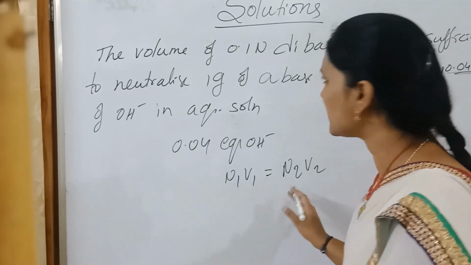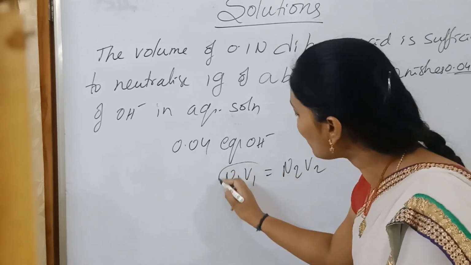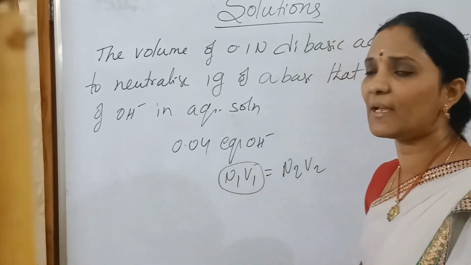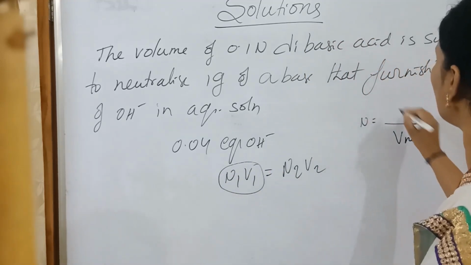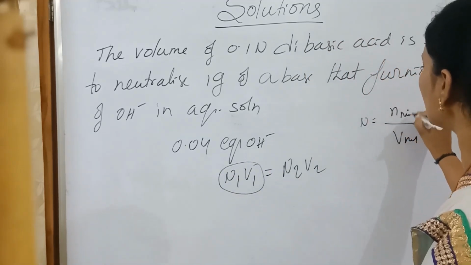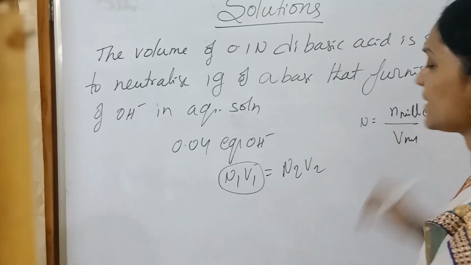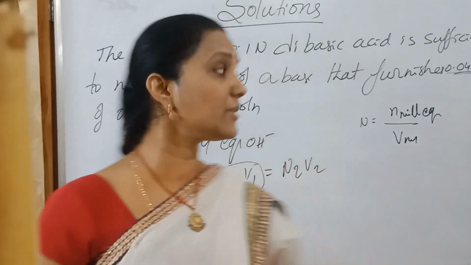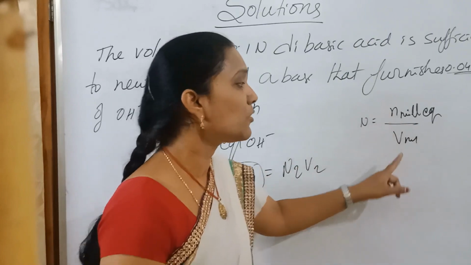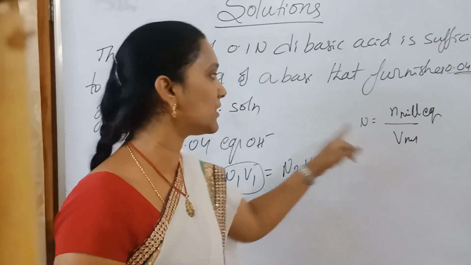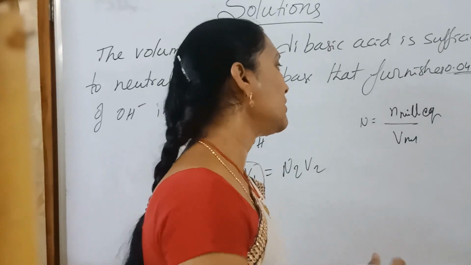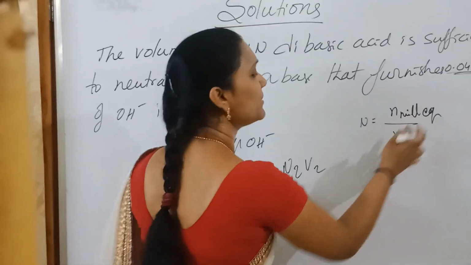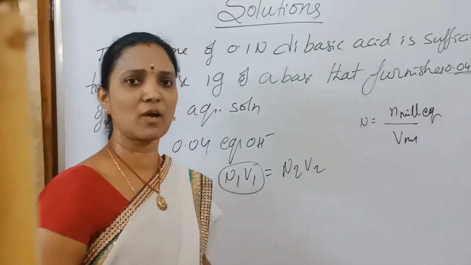Instead of this, we can directly use the following. Normality times volume in ml is the number of milliequivalents. Yes or no? Normality is equal to number of milliequivalents divided by volume in ml. In the last video we learned this formula. So the number of milliequivalents is equal to normality times volume in ml.